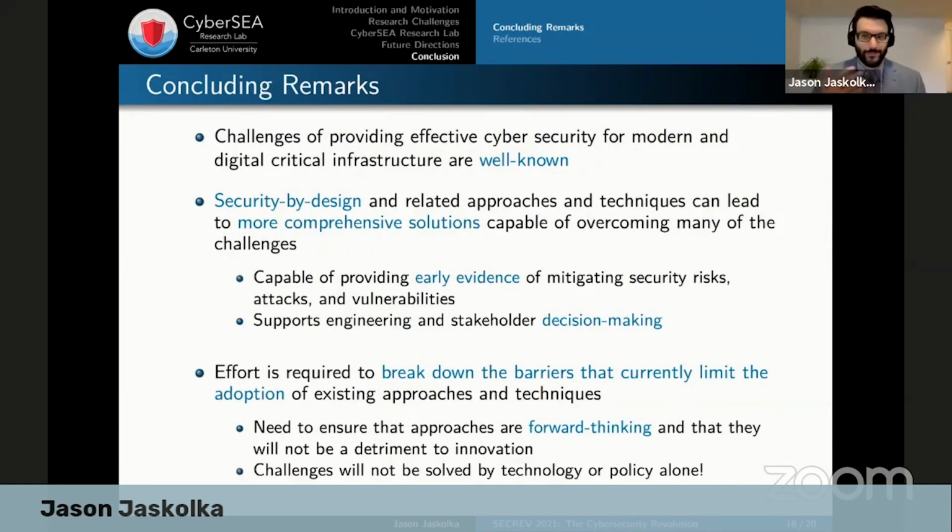And of course, as a final word on this, these challenges are not going to be solved by technology or policy alone. We have to bring everyone together. We have to be working in concert in order to address many of these complex and multidisciplinary challenges that are faced when we look to assurance for critical infrastructure systems.